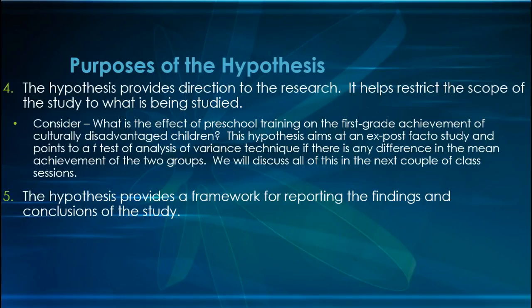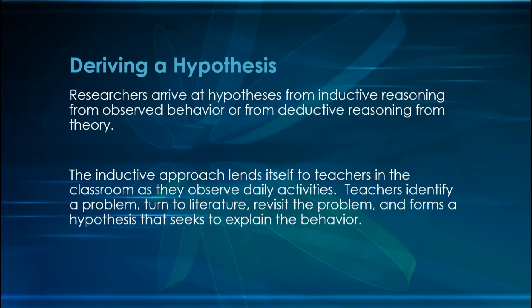We're going to start in the clouds with a theory that says this is the way something should be, and then we're going to work down from that to explain why kids are doing what they're doing. So this slide tells us a little bit about how they arrive at hypotheses from inductive reasoning or deductive reasoning.